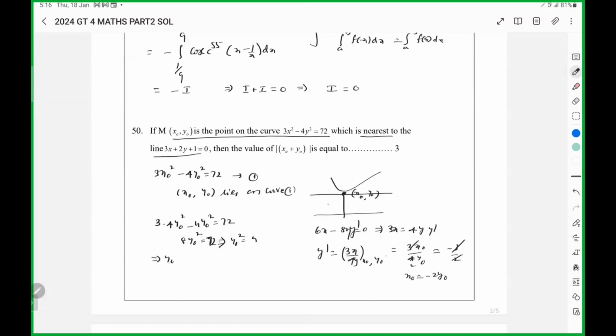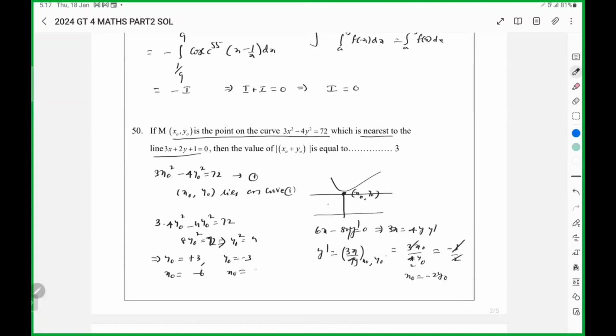Y naught is... when y naught is 3, x naught becomes minus 6.